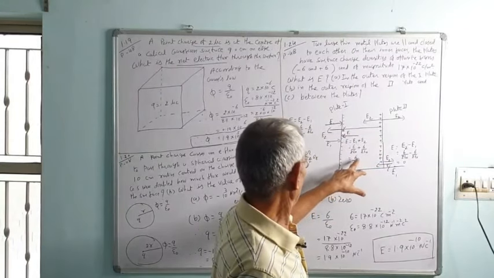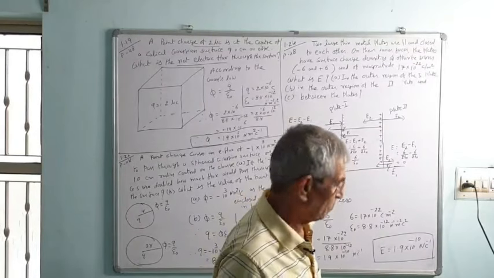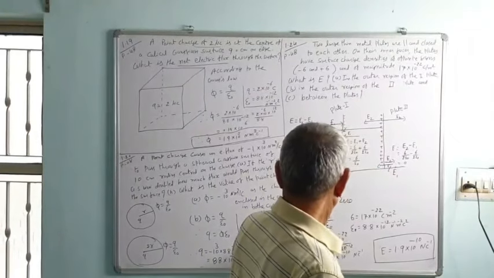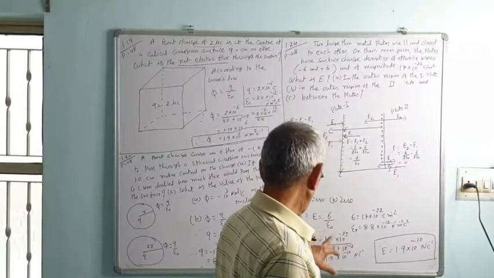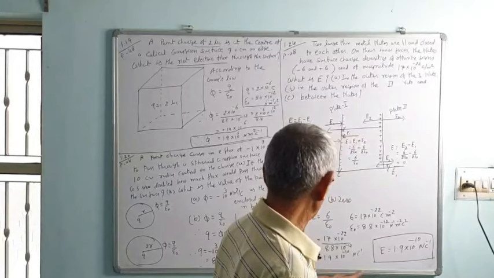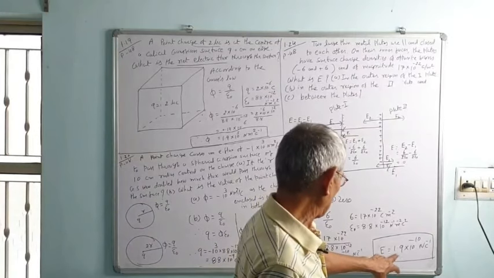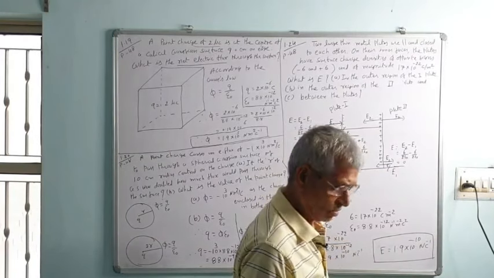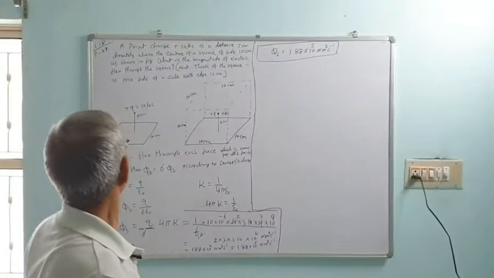That comes to sigma upon epsilon 0. Now E is equal to sigma upon epsilon 0. Sigma is given, epsilon naught is given, put in the values and calculate E. E comes to about 1.9 × 10^-10 N C^-1.